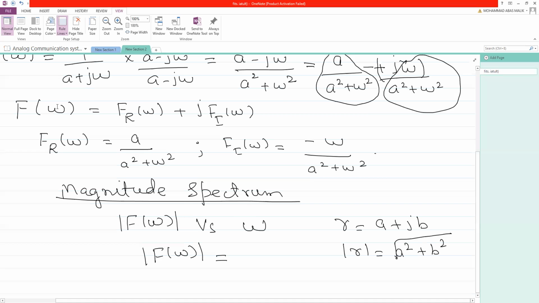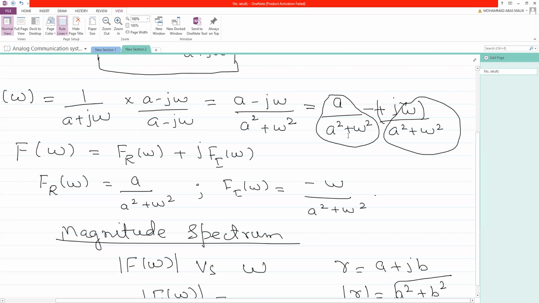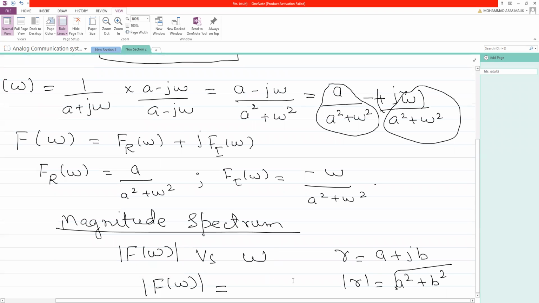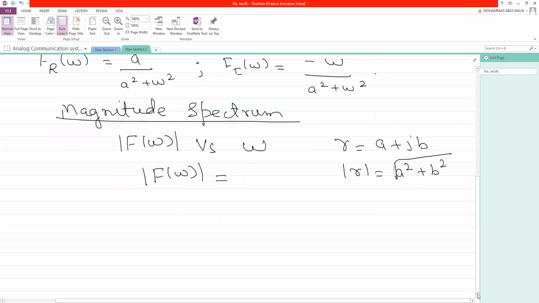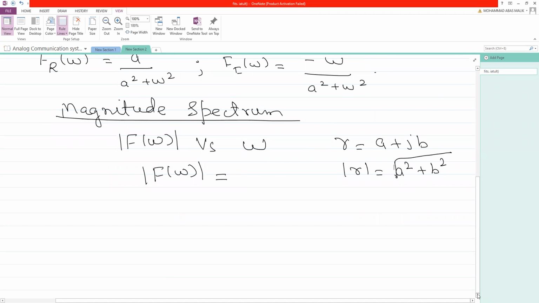Okay. Because F of omega is given here. F of omega is this. Tell me the value. Anybody? This will be F real square plus F imaginary square, root of this.